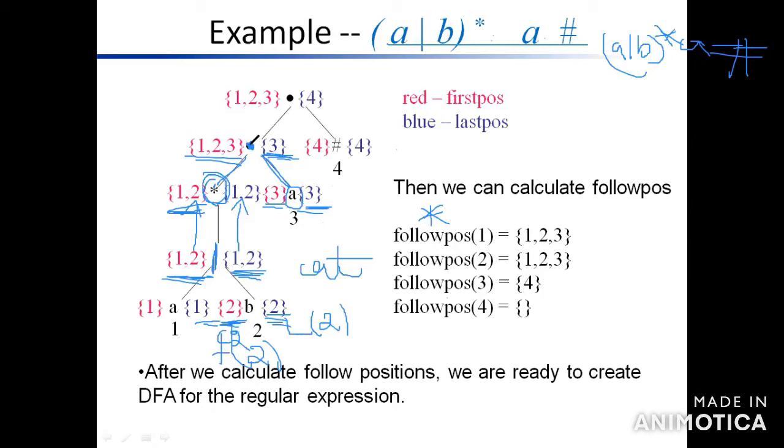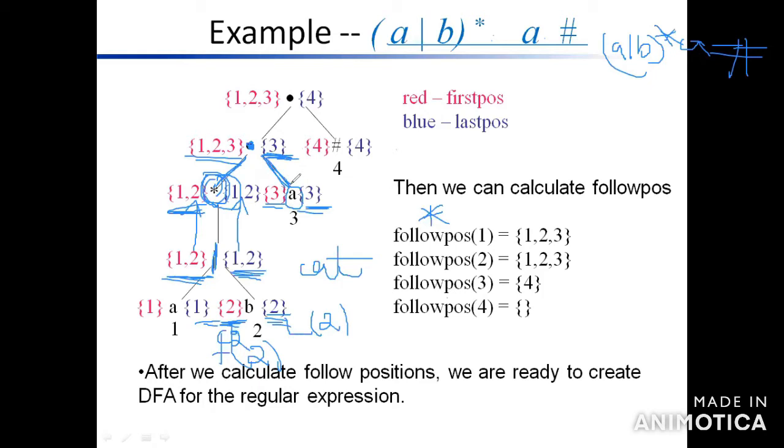Okay, so the left child of C1 is the star node. In the cat node, the star is nullable, so you merge the first position of C1 union the first position of C2. When the node is not nullable, this is for the right child, where you calculate the last position. In the dot node, left is the first position and right is the last position.